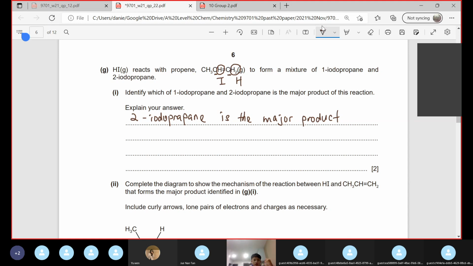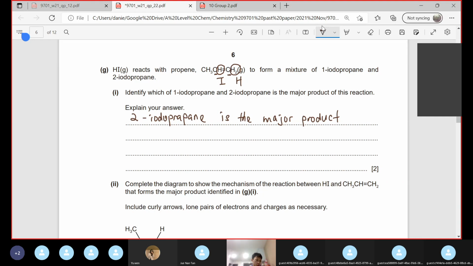When it comes to explanation, we always explain from the perspective of carbocation. This is how Markovnikov's rule is applied. Actually the concept behind it is due to the stability of carbocation.